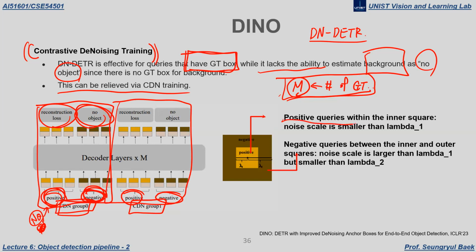So positive queries: if we apply a noise scale smaller than lambda 1, it is close to the ground truth.